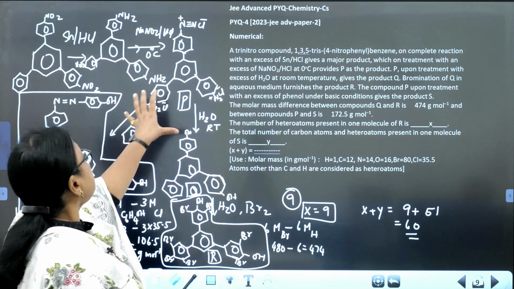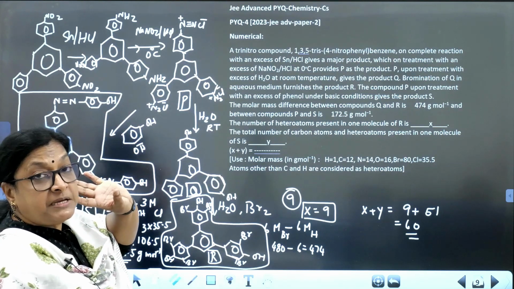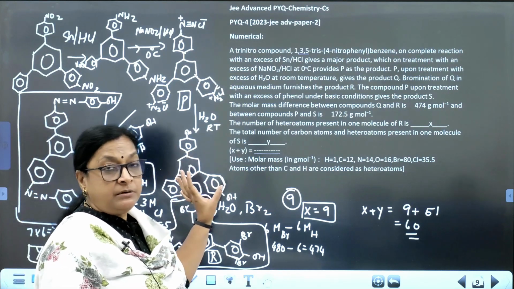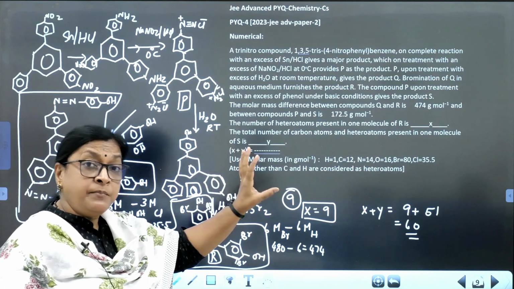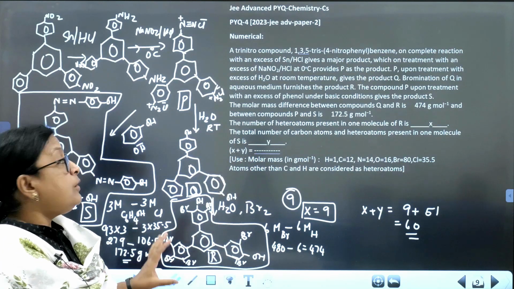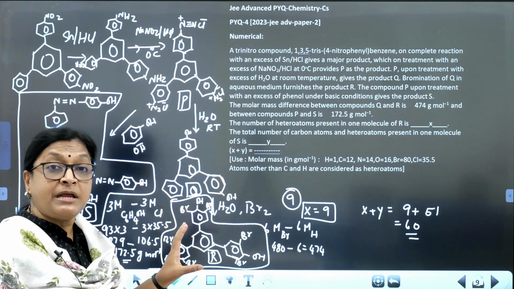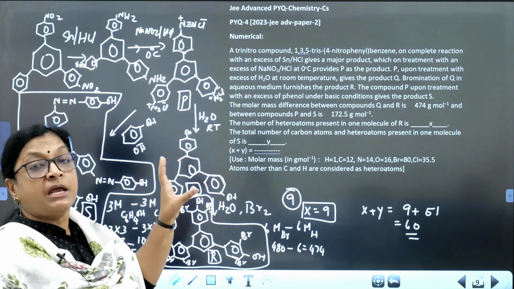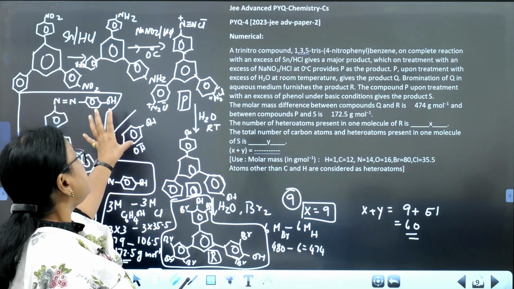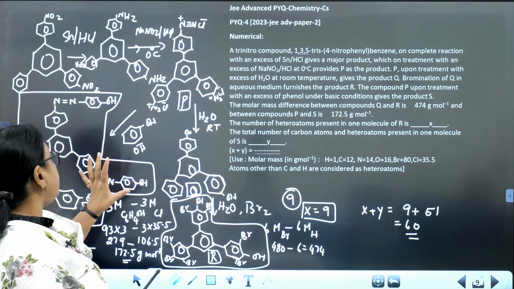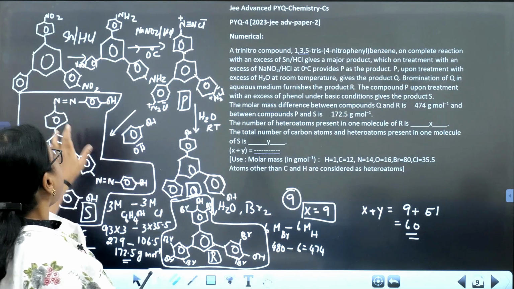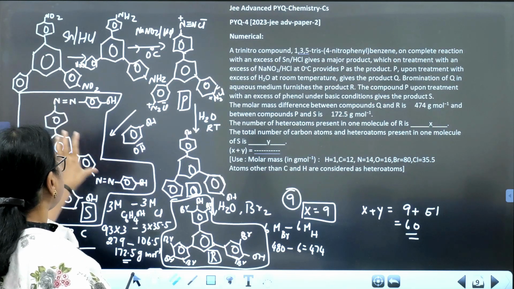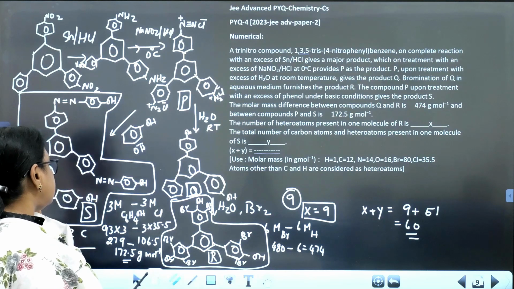Parallelly, P is treated with phenol in basic medium. The reaction is a coupling reaction where the diazonium group acts as the electrophile which does electrophilic aromatic substitution on an activated benzene ring like phenol, aniline, etc. Here we have taken excess of phenol in basic medium so that coupling takes place at all the N2Cl positions and you get azo dyes there.